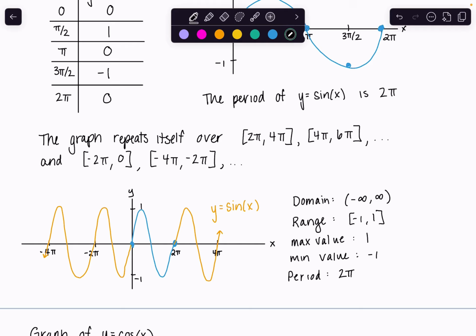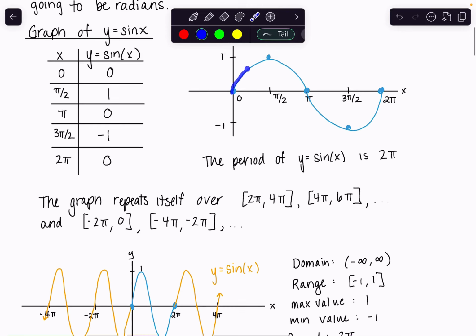So if you know these basic functions and you know what sine and cosine are for these quadrantal angles, when we start making the inside more complicated and moving it left and right, stretching, shrinking, all of that kind of stuff, it really just boils down to all of those key points happening on the quadrants.